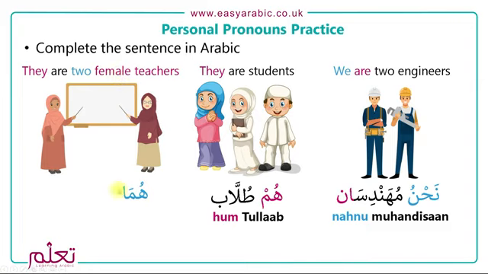So the word we're looking for is mudarrisatan. So here alif noon is the rule for dual, and then the ta marbuta into normal ta is for the female. So huma mudarrisatan. So nahnu muhandisan, hum طلاب, هما مدرستان.